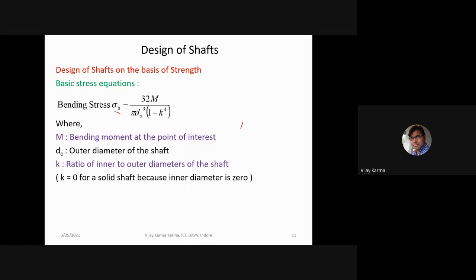That is, k is equal to the inner diameter of the shaft divided by the outer diameter of the shaft. That ratio is k. And for the solid shaft, k is equal to 0. That is, the inner diameter is 0.